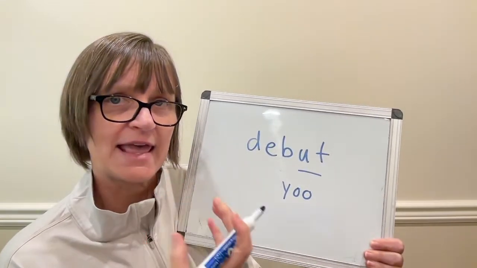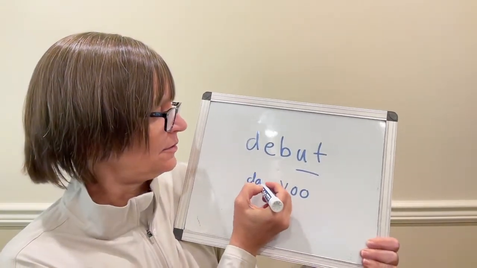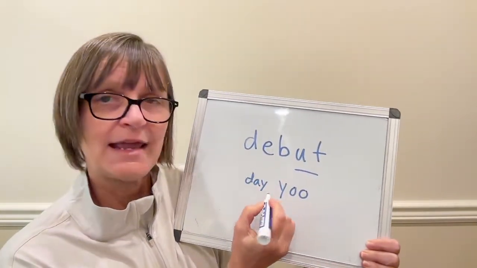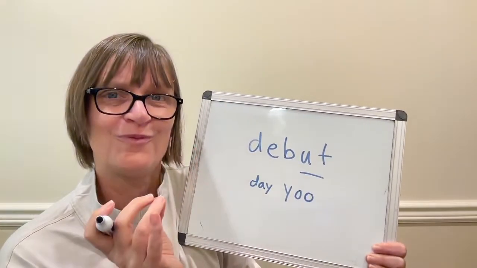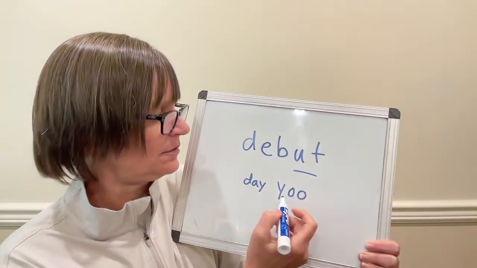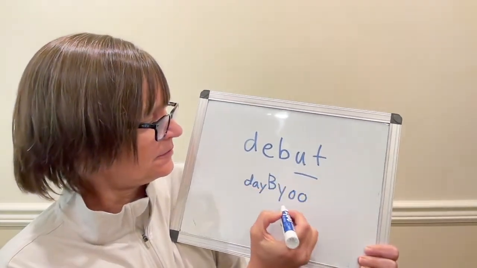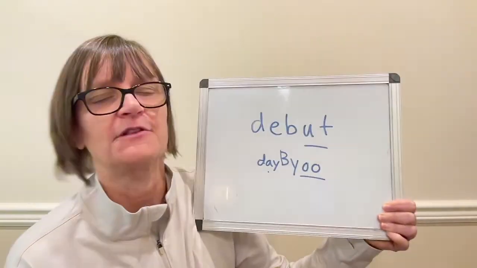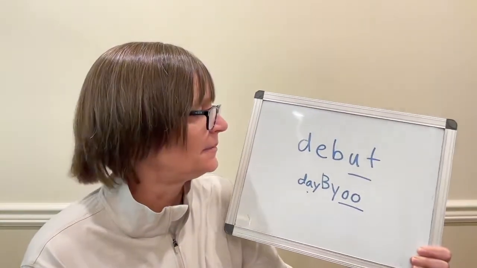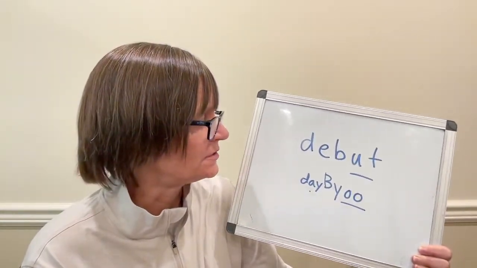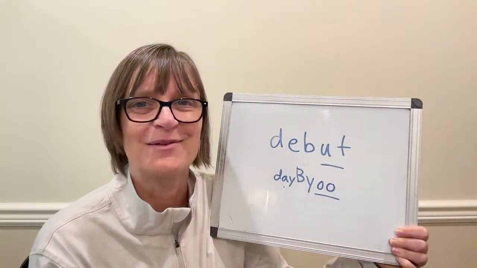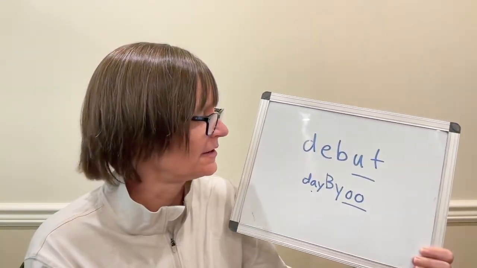It's the A diphthong. So you don't want a long day, but still doing the full vowel. Debut. That was her debut. It comes from the French, so it doesn't follow the typical spelling pronunciation patterns of American English.